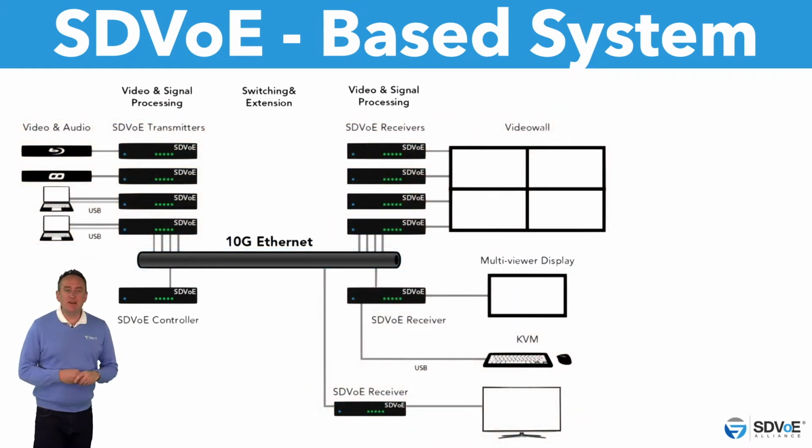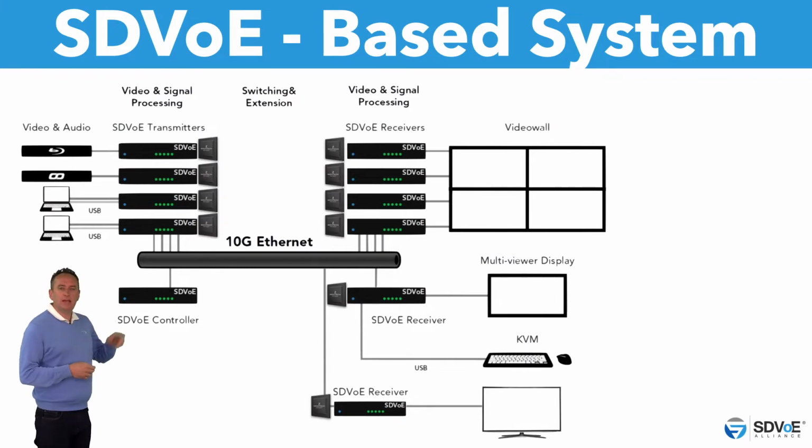Inside every SDVoE endpoint is a Blue River chip, and it's this chip which is able to convert the original source signals into a network stream, as well as reconstruct those network streams back into their original format ready for the displays. This is important to remember because regardless of which manufacturer made the endpoint, every data stream being generated by a transmitter or reconstructed back into the original format by a receiver is done by the Blue River chip.